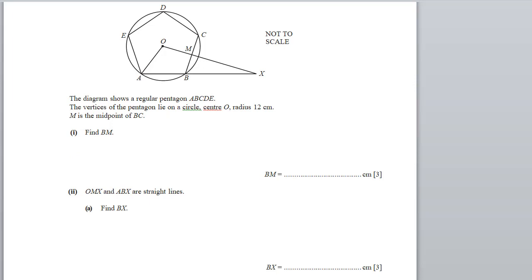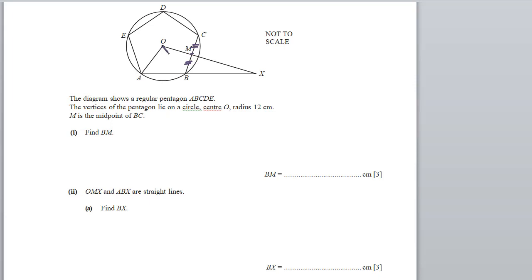Now the diagram, so regular pentagon ABCDE. The vertex of the polygon lie on the circle, center O, radius equal to 12. M is the midpoint, so this is midpoint of BC, so this one is equal to this one. Find BM, we need the length of BM.